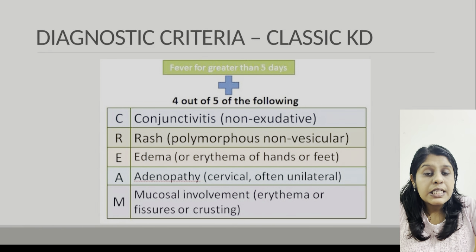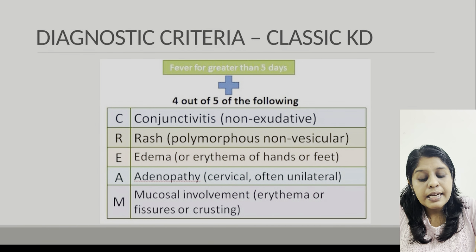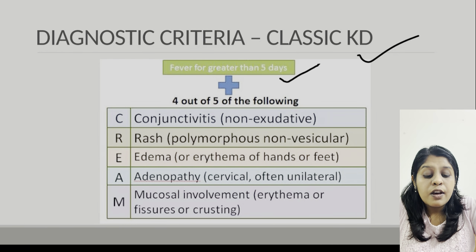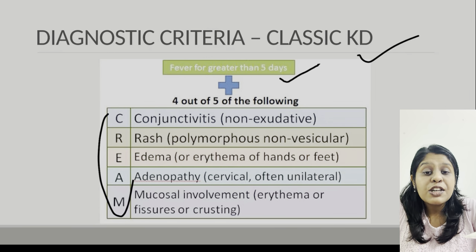Coming to the diagnostic criteria. Kawasaki disease has 5 criteria along with fever. This is called classical KD. In classic KD you have fever for 5 days or more along with 4 out of 5 of the following. Remember it by the mnemonic CREAM.